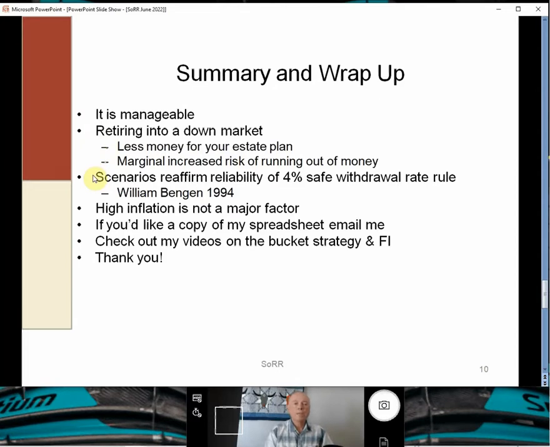As I was saying, the scenarios, all the different ones I did but didn't share with you, reaffirm the reliability of the 4% safe withdrawal rate rule. Just as an FYI, the safe withdrawal rate rule of 4% was created by a guy named William Bengen in 1994. And he recently came out with a quote where he said that the safe withdrawal rate really could be 4.7% as opposed to 4%.